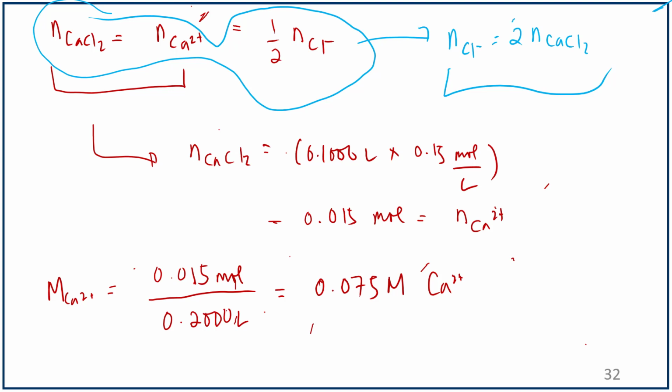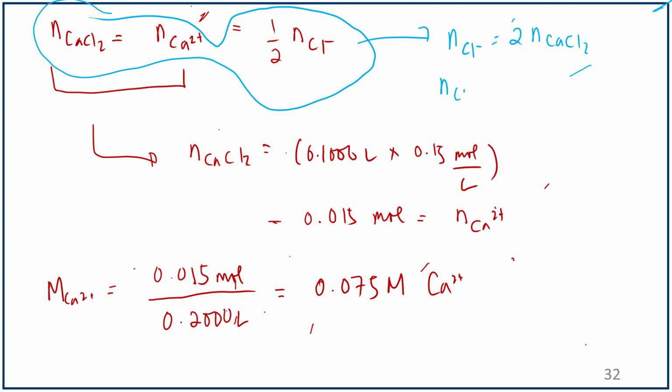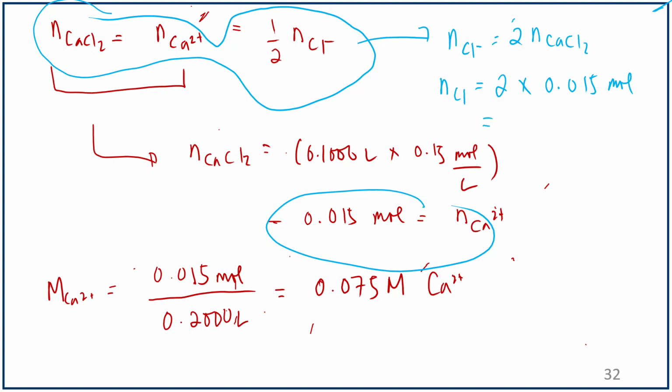So to determine the number of moles of chloride ions, that should just be 2 times 0.015 moles, and that should give you a total of the moles of chloride of 0.030 moles.